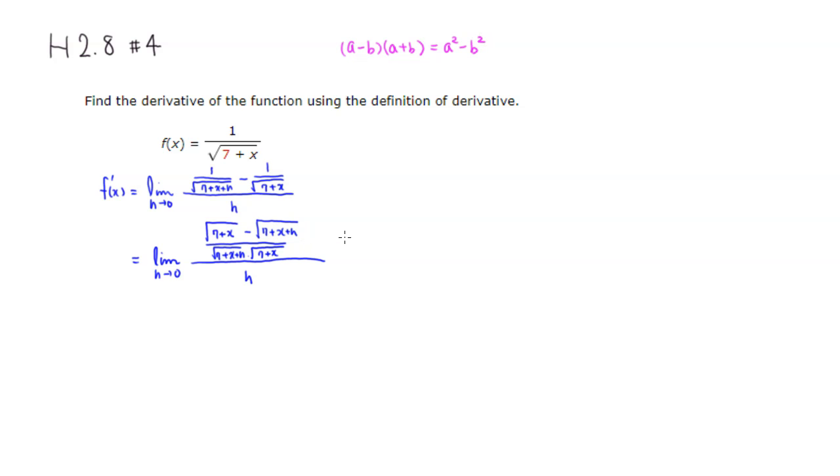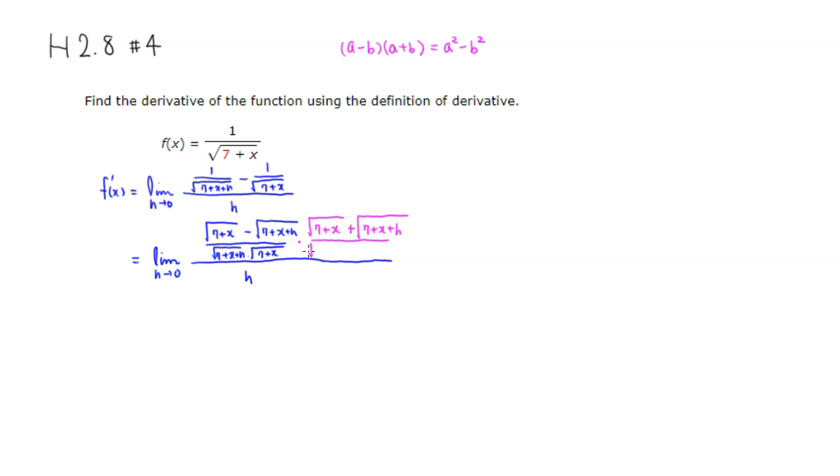I'm going to extend this here and multiply top and bottom of the numerator by exactly the same things except for the sign. So I'm going to do square root of 7 plus x, minus, actually plus, square root of 7 plus x plus h.